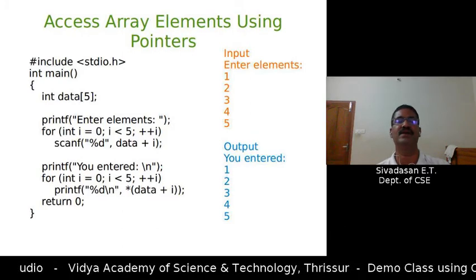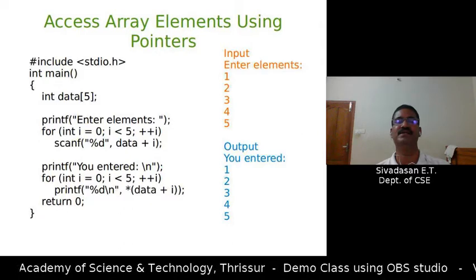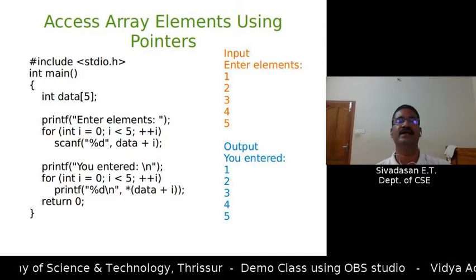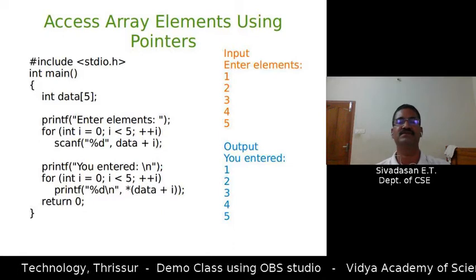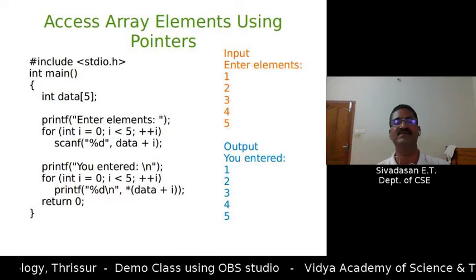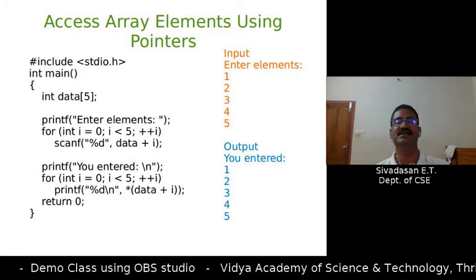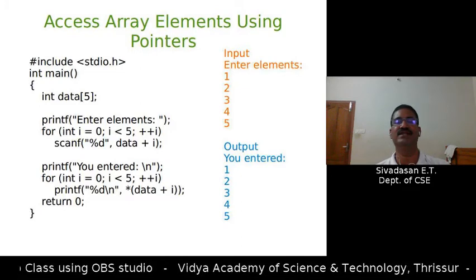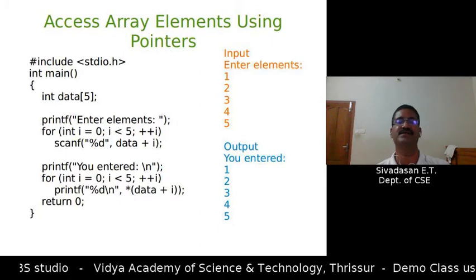Initially i is 0, so it is data itself, and the first value will be printed, that is 1. In the next iteration i will become 1. Now data plus 1 means it will go to the next memory location, and star of that memory location means the value stored in that memory location. Likewise you can get all 5 elements printed.